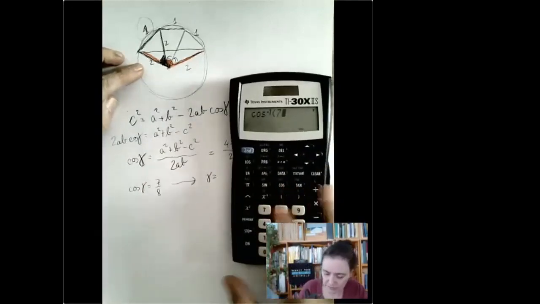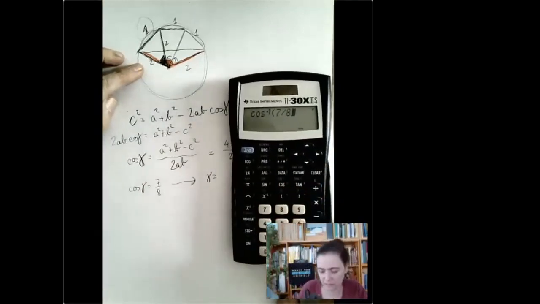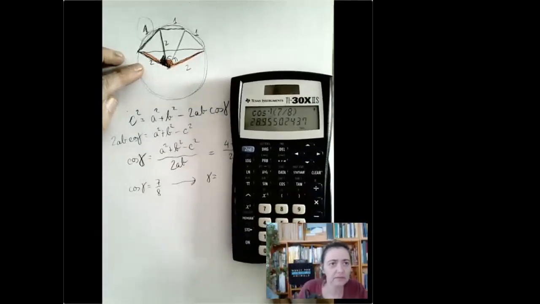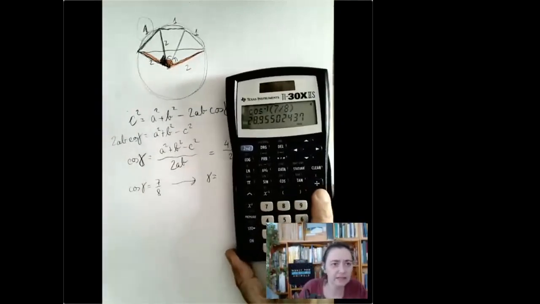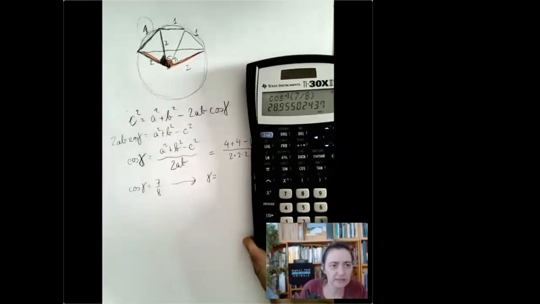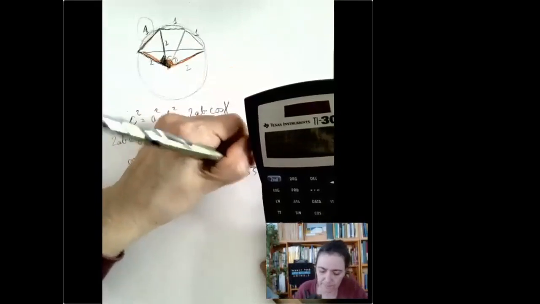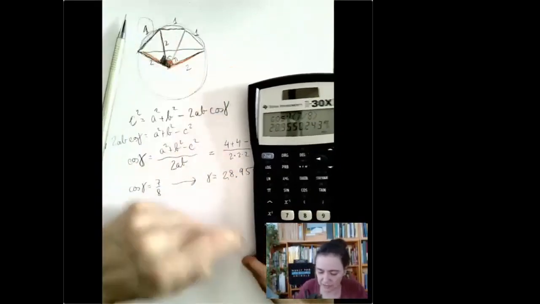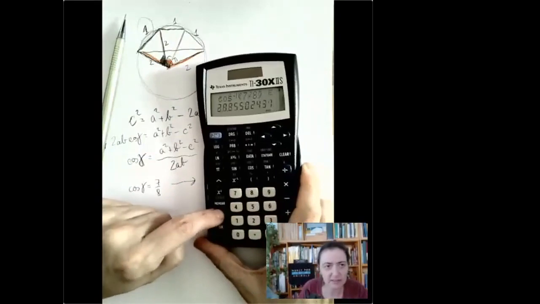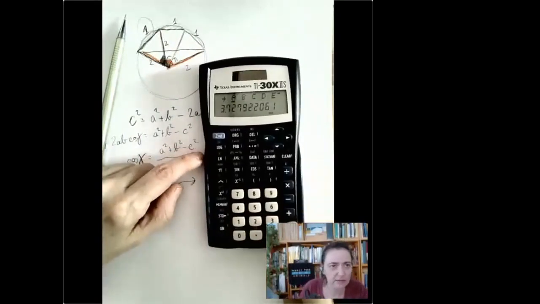Inverse cosine of 7/8 is almost 29 degrees. You know, it's never a bad idea to store it just in case. We can erase it.